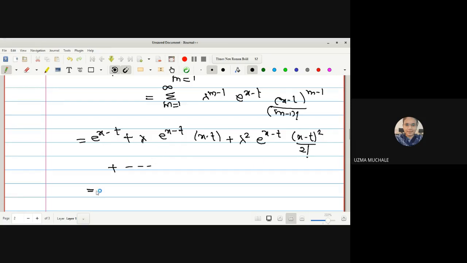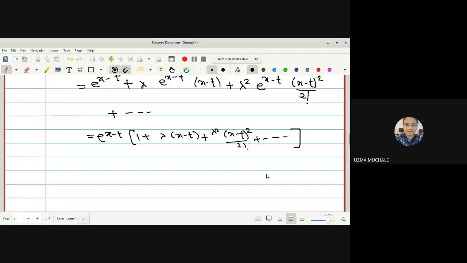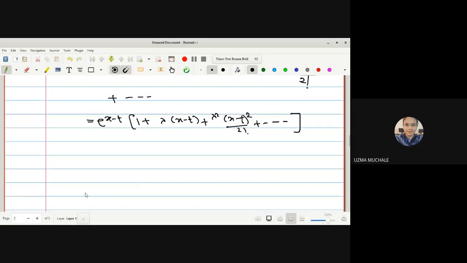So now we can take e raised to x minus t common, and what remains inside the bracket is 1 plus lambda (x minus t) plus lambda square (x minus t) square by 2 factorial, and so on. Right? Okay, this e raised to x minus t will be as it is.